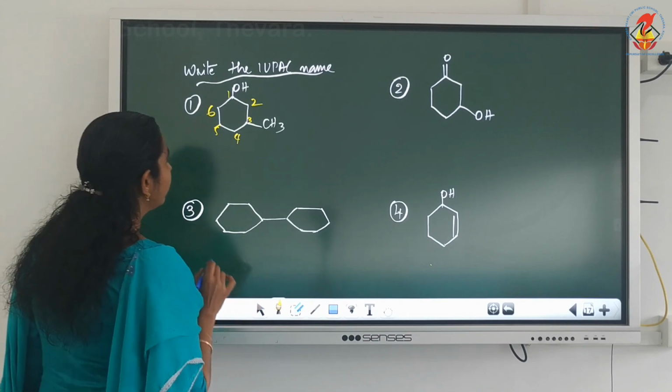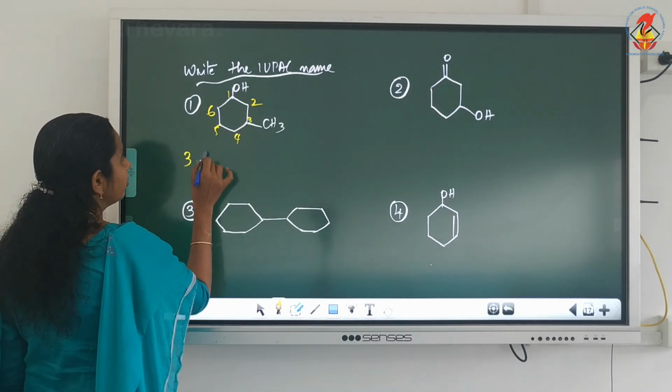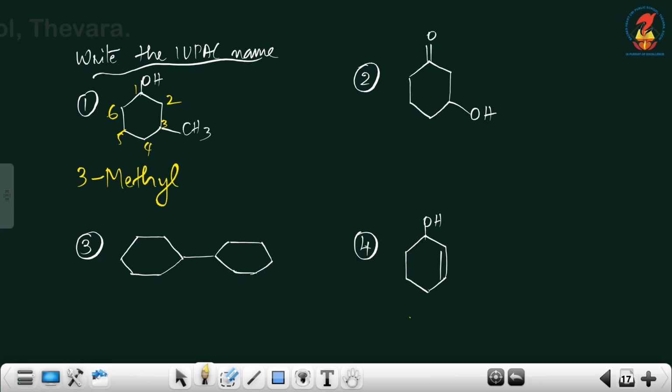So the name of the compound is 3-methylcyclohexane 1-ol or cyclohexanol.